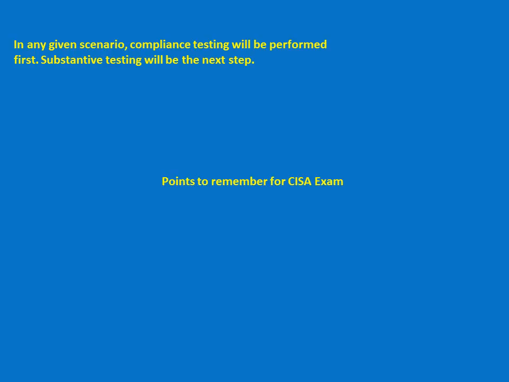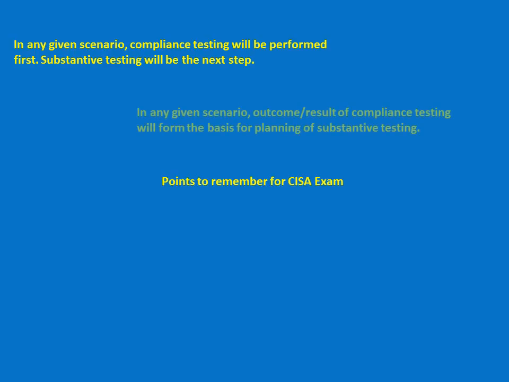So result of compliance testing will be the basis for deciding the area of substantive testing. So in any given scenario, compliance testing will be the first step and the next step will be the substantive testing. Second point, in any given scenario, outcome result of compliance testing will form the basis for planning of substantive testing. We already discussed this.